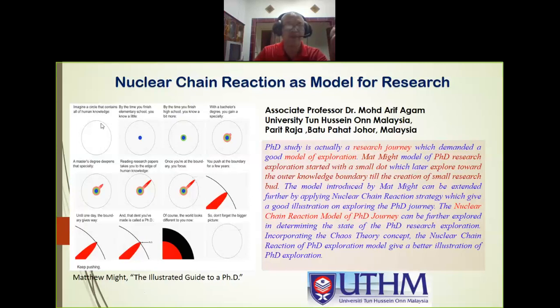We can have a look at here. The first thing that we need to imagine is that at the starting point, we have nothing, we have no ideas on how to do a PhD. So we need to imagine a circle that contains all of human knowledge, and then our PhD could not be seen.